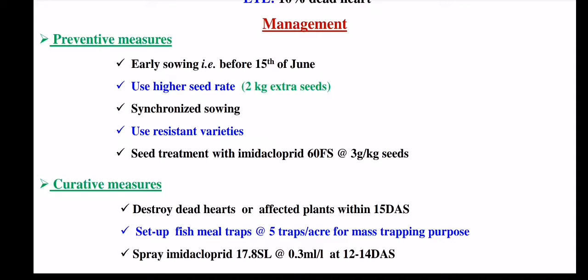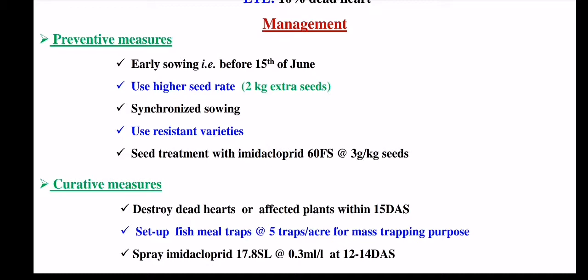You can also use different resistant varieties to control this insect pest. You can also use a higher seed rate. If you use only the recommended seed rate, there is a high chance of attack by this pest. If you use 2 kg or 3 kg of extra seed, then you can manage this pest.